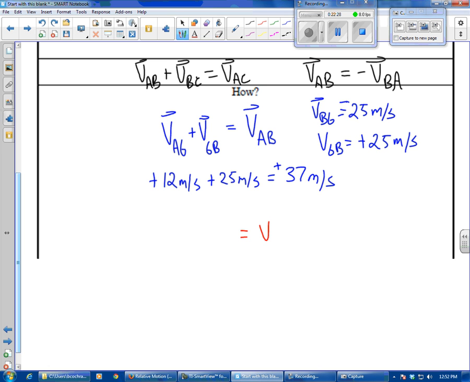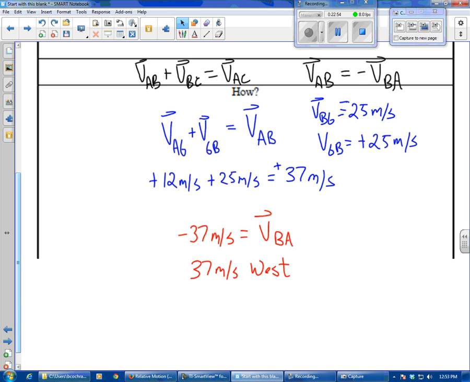And we want the velocity of B with respect to A. Oh, wait a minute. If I want the velocity of B with respect to A, I've got the velocity of A with respect to B. What do I do? I reverse it. So it'd be negative 37 meters per second. Or the other way to say that, 37 meters per second west.